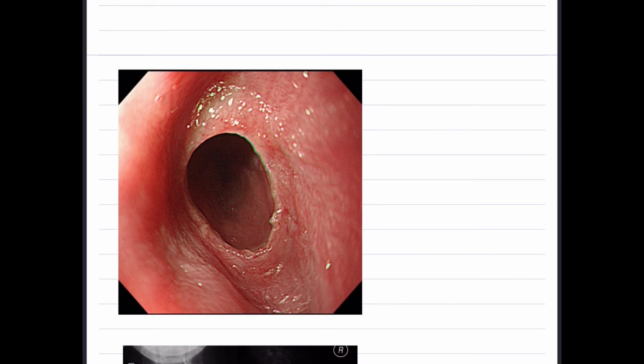Another image in which you can see complete esophageal web, which is leading to buttonhole deformity. This is the complete esophageal web, which consists of mucosa and submucosa layer.